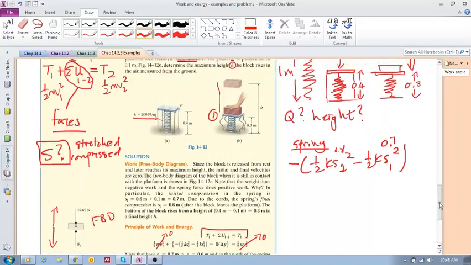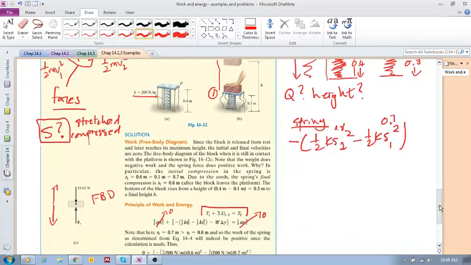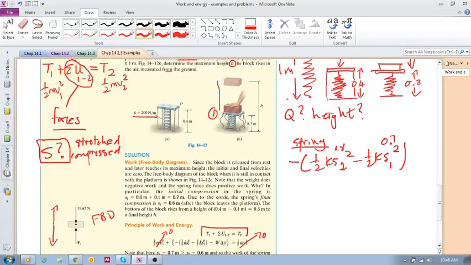But what we're looking for is this total height. And what is its delta y? Its delta y will be this here. I've messed it up. There. That is the delta y. That's the initial height, that's its final height.